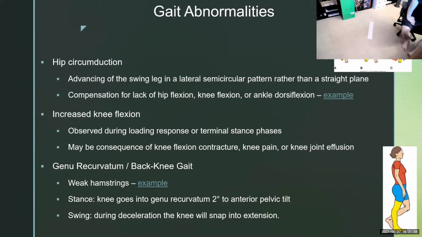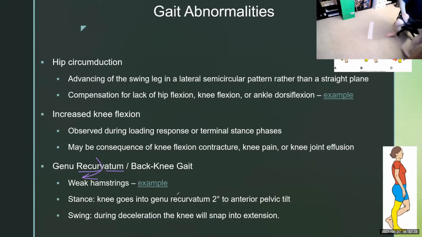Genu recurvatum, this is the one that hurts for me to demonstrate. This is also known as back knee gait. So recurvatum, right? Back knee gait. This is when the patient goes into stance phase and the knee snaps backwards. When you see somebody that has this gait pattern, it will be painful to you guys.